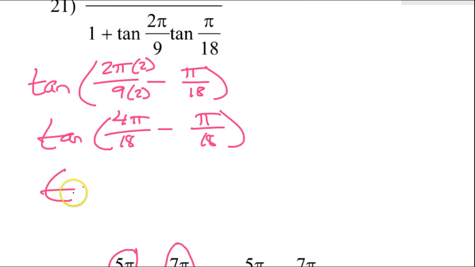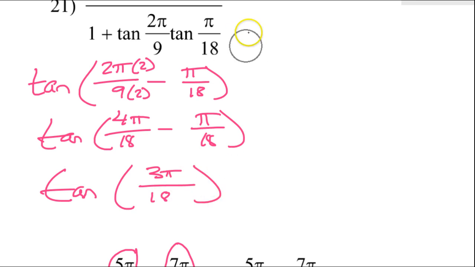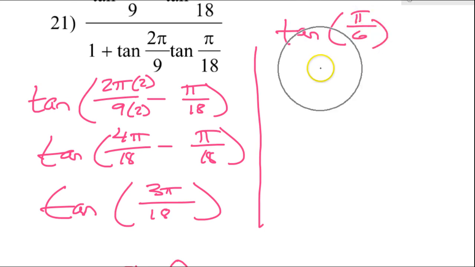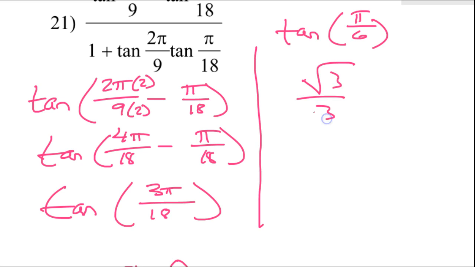That's the tangent of 3 pi over 18, which reduces down to the tangent of pi over 6. Well, that's just plain radical 3 over 3. We just know that that's what it is.